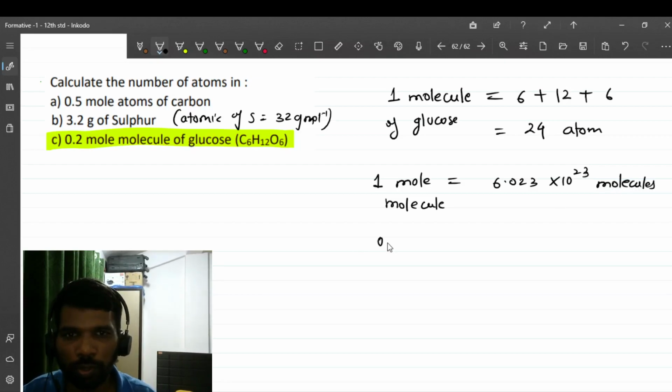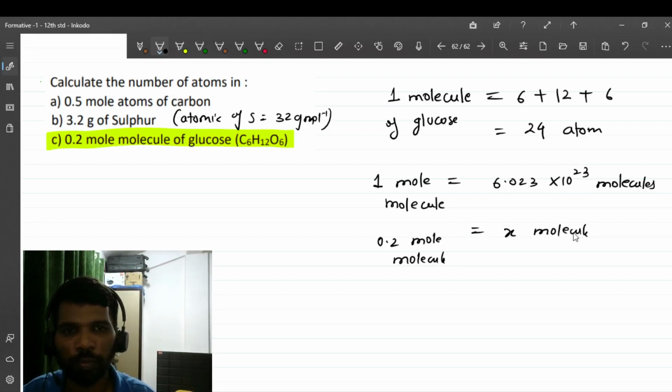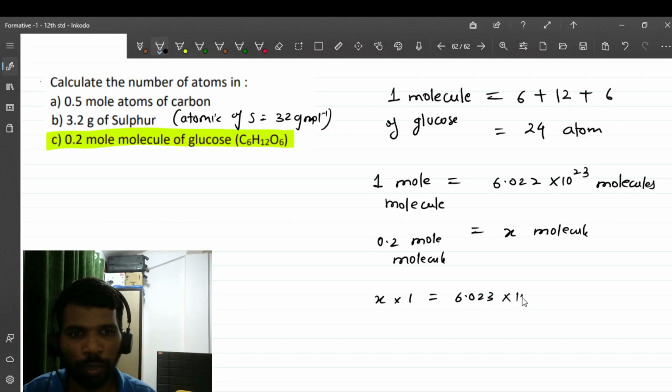So 0.2 mole will have how much? X molecules. So this is the relation between a mole and molecules. X into 1 is equal to 6.023 into 10 raised to power 23 multiplied by 0.2. So X is equal to what?